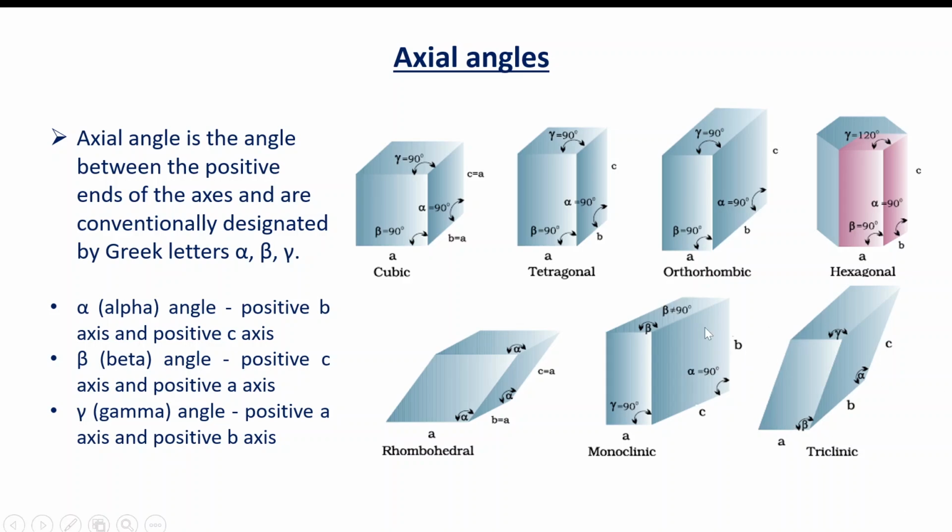But in case of axial angle, in monoclinic you have alpha angle equal to gamma angle, both 90 degrees in nature, but the beta angle, the angle between the A and the C axis, is not equal to 90 degrees. So there might be a change in the angle between C and A. Earlier, in cubic, tetragonal, orthorhombic, even hexagonal, the angle between the vertical axis C and any horizontal one is always 90 degrees.